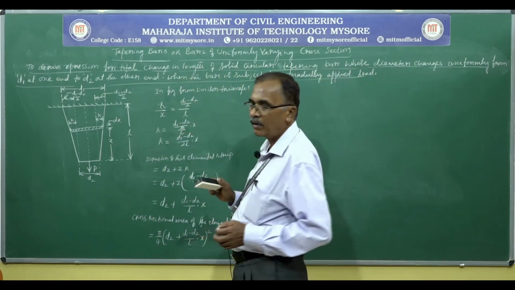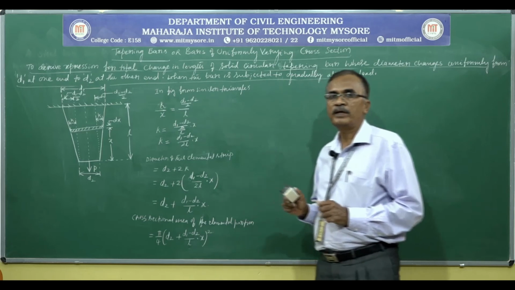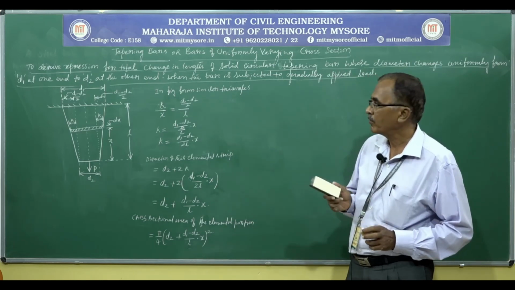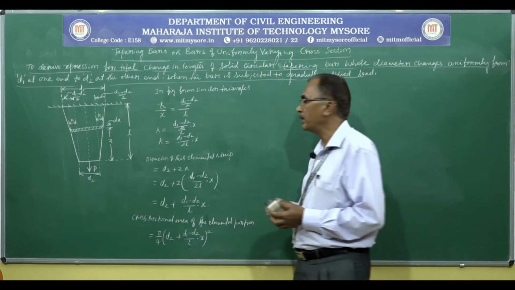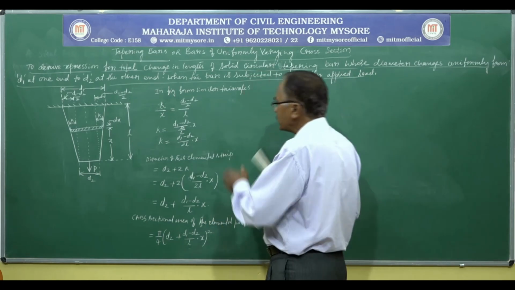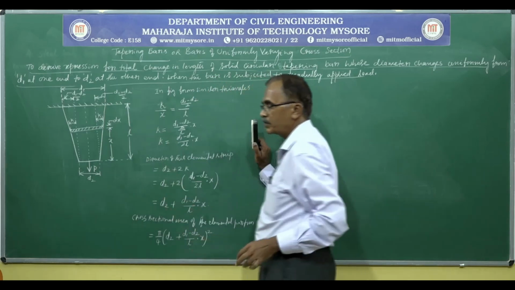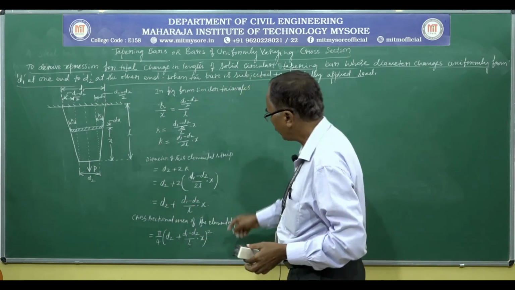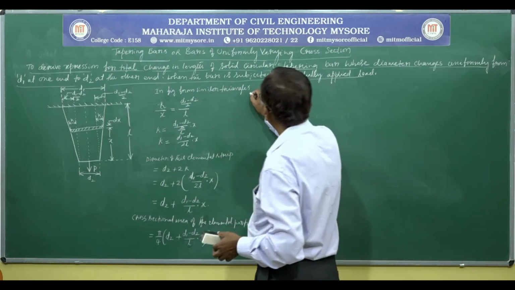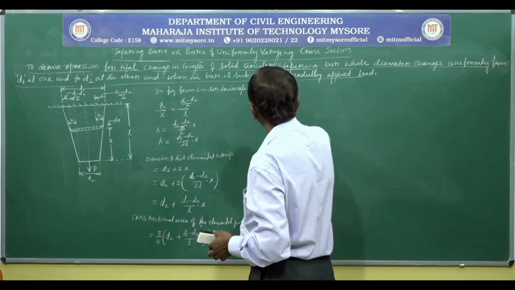Next, to calculate change in length of a bar of uniform cross section, we have the expression delta L is equal to PL by AE. By considering this elemental portion as a bar of uniform cross section, we can find out the change in length.